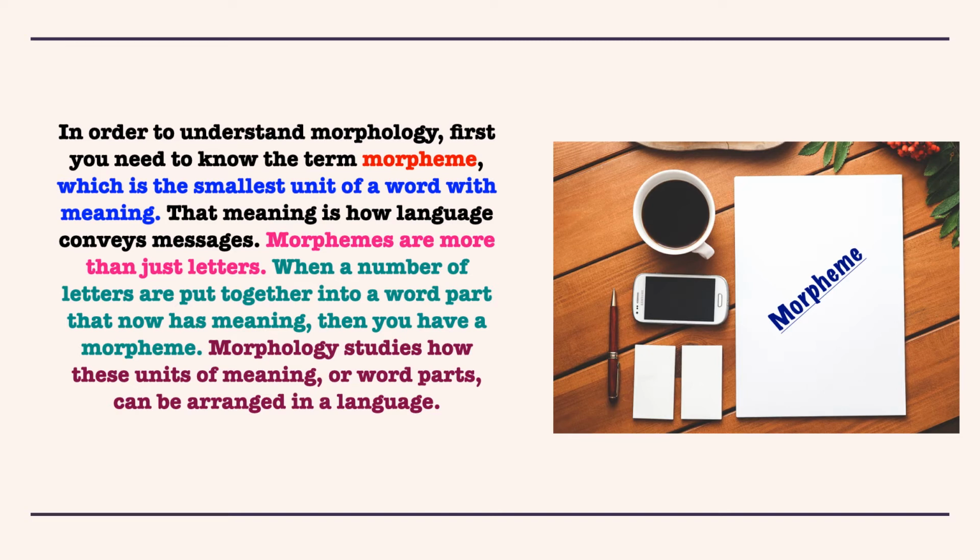That meaning is how language conveys messages. Morphemes are more than just letters. When a number of letters are put together into a word part that now has meaning, then you have a morpheme. Morphology studies how these units of meaning, or word parts, can be arranged in a language.